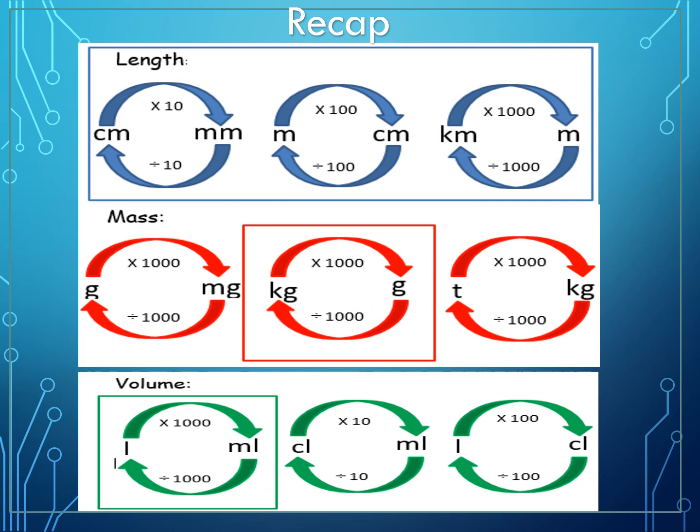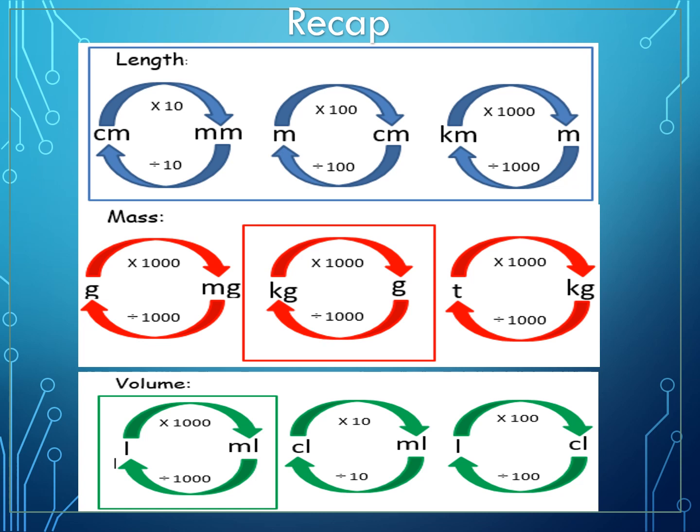So as a recap, it's very important that you remember the different units of measurement when it comes to length, mass and volume. The standard base measurement for length is the meter, and from the meter you get kilometer, centimeter, millimeter.